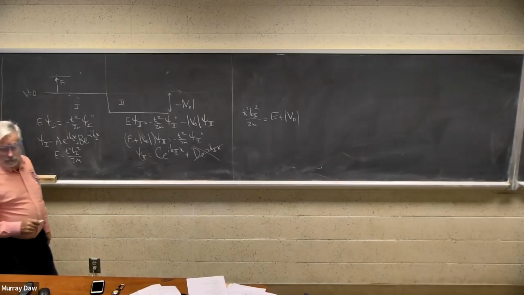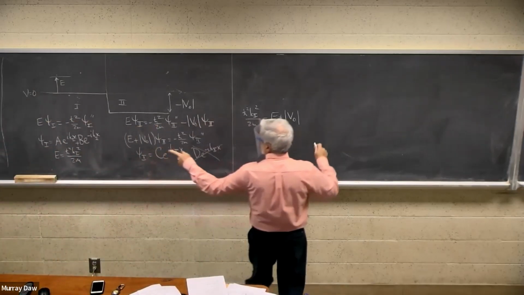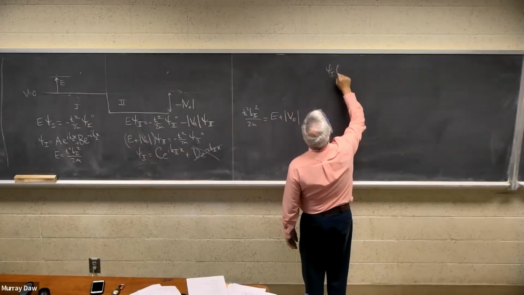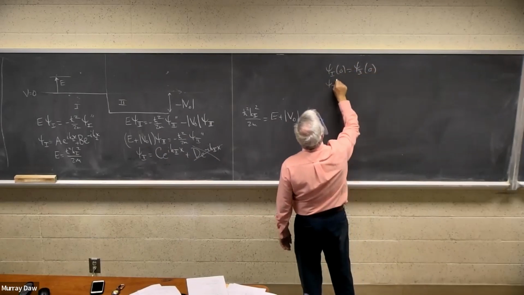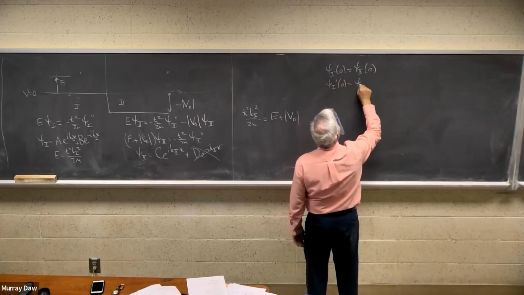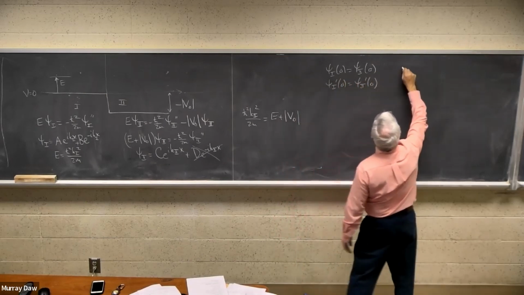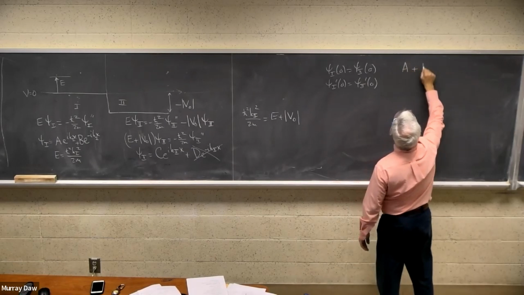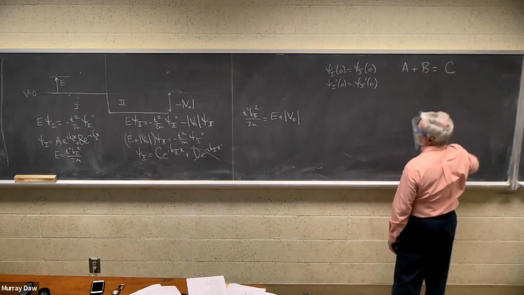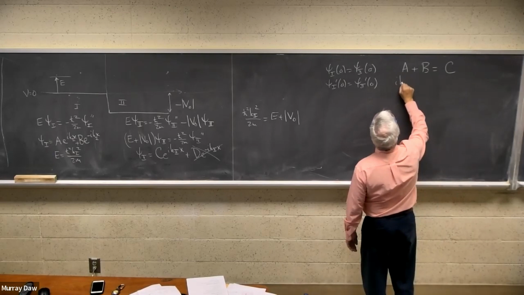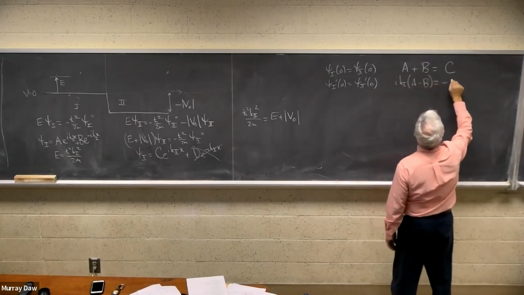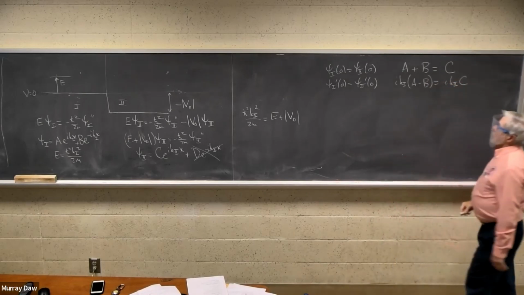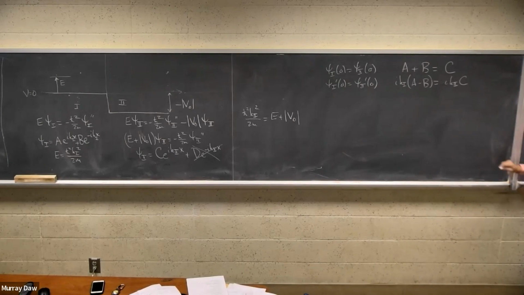So let's just pursue that a little bit. We write down the condition that the wave function is continuous and the derivative is continuous. So we get over here A plus B is equal to C. And then we get i K1 (A minus B) equal to i K2 C. So the i's cancel in this case.